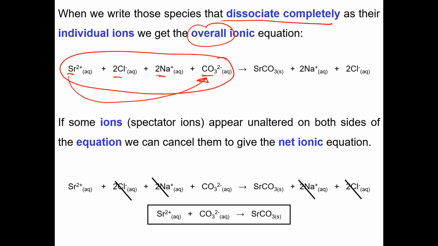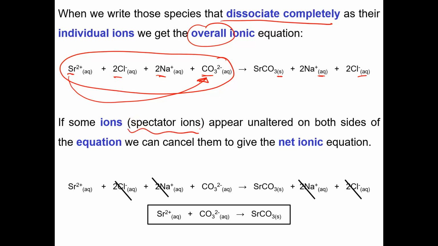Strontium ions combine with carbonate ions to make solid strontium carbonate, and the remaining ions stay in solution as the individual ions. One thing that we can do is eliminate or cancel what we call spectator ions.